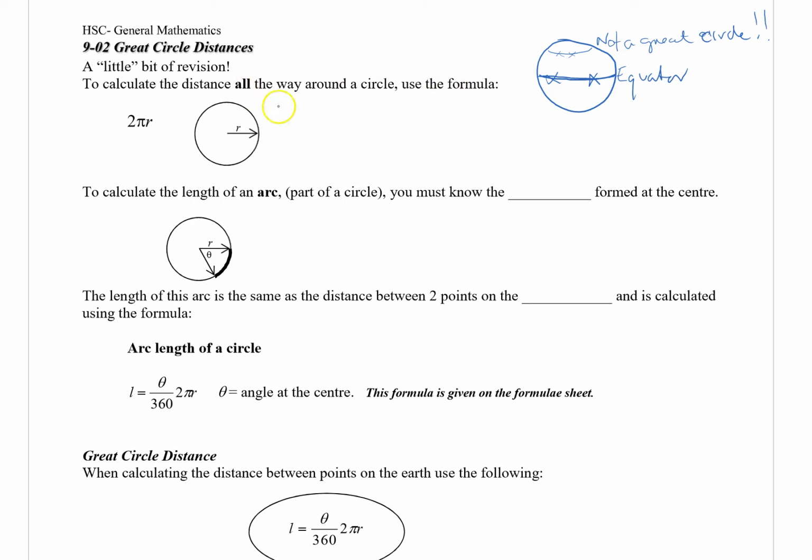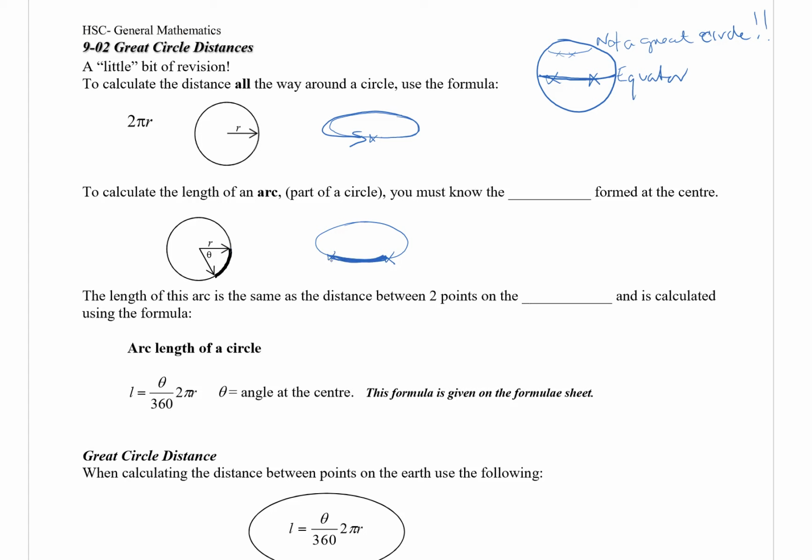So as you can see, we're going to be investigating a circle and how you get the distance either all around a circle or between two bits on the circle. And remember, your circle could be drawn in this direction. So I might be talking about the distance from here right around to here, or in this case, I might be just talking about the distance from here to here.